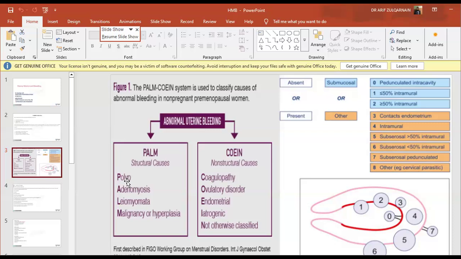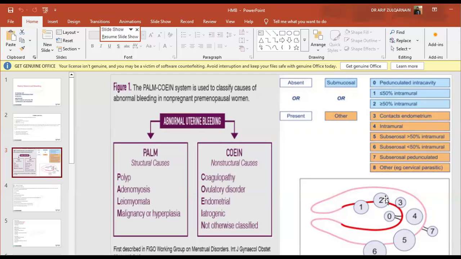COEIN is for non-structural causes: C for coagulopathy, O for ovulatory disorders, and E for endometrial pathologies. I is for iatrogenic, like she is taking some drugs such as anticoagulants, and N is for not otherwise classified.